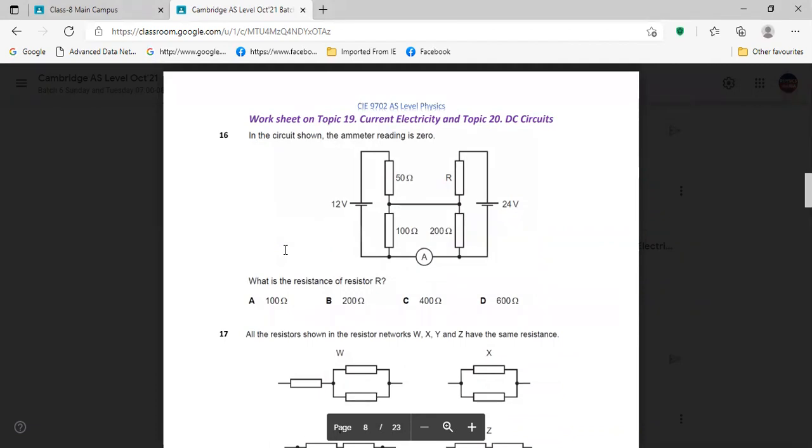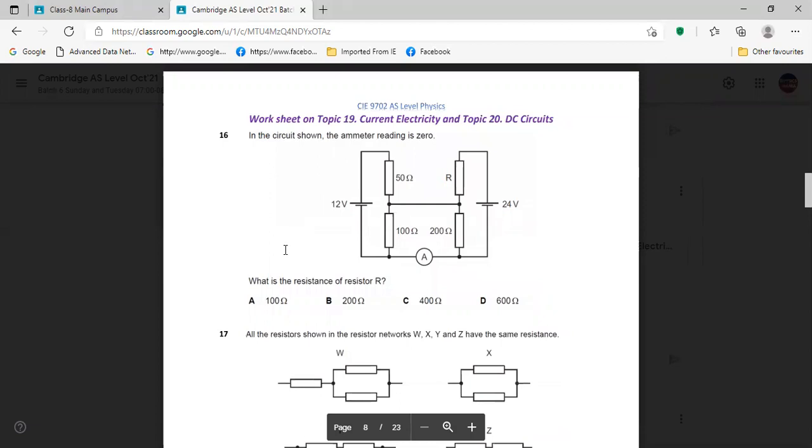A tough circuit. It says the meter reading is 0. How can we do it?